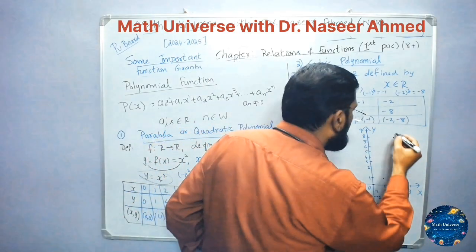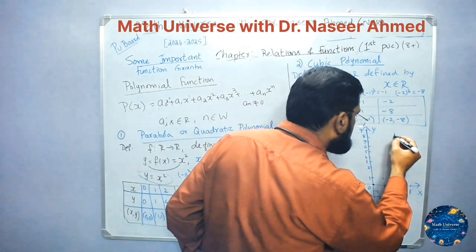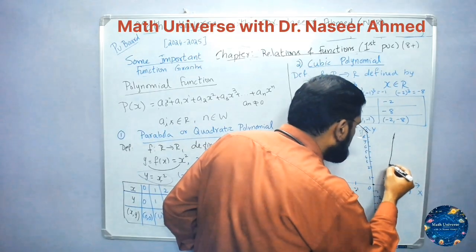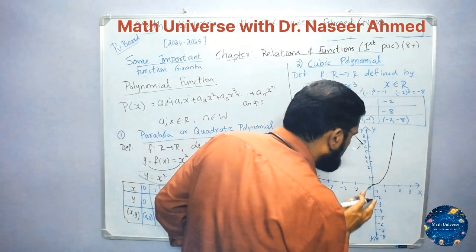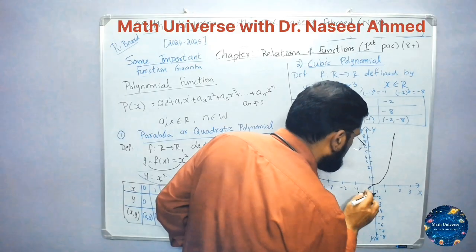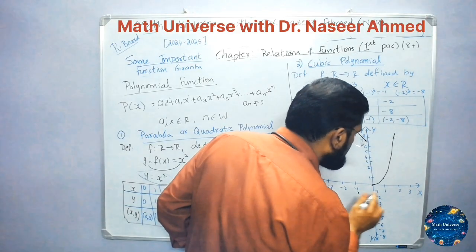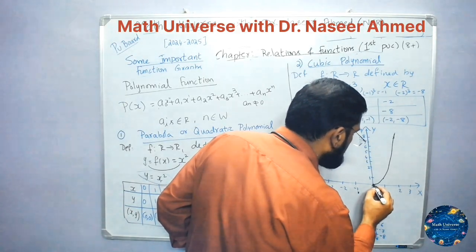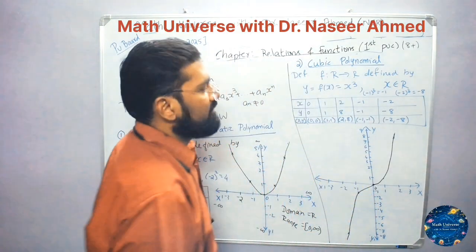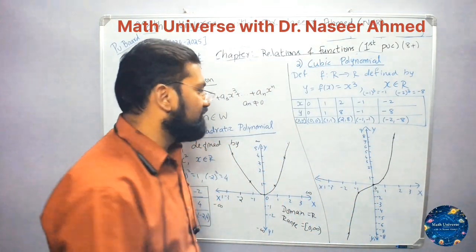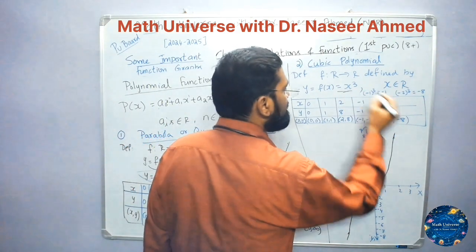Join this. When you join this, this is the cubic graph, y equal to x cube.